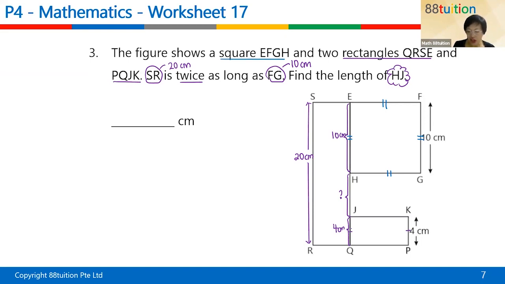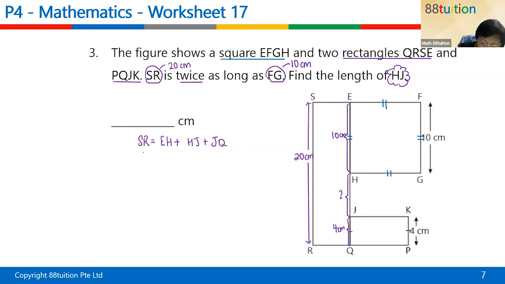Okay, so SR will make up of EH, HJ, and JQ. So I'm going to write down in my explanation, my SR is made up of 3 parts. First, my EH must plus my HJ and plus my JQ, sorry. These are the 3 parts that add up together.